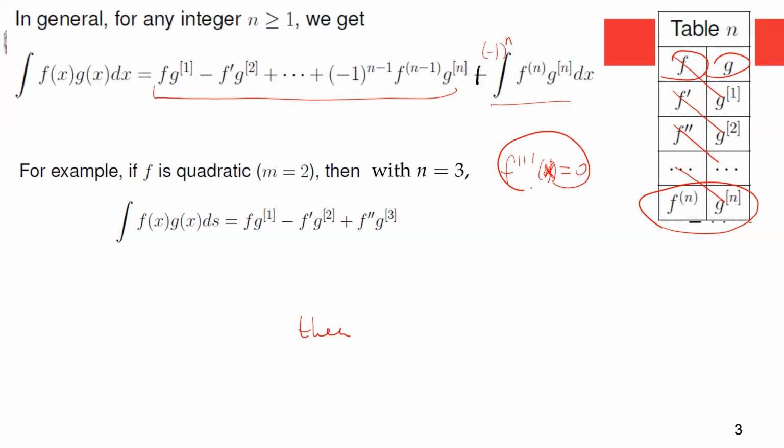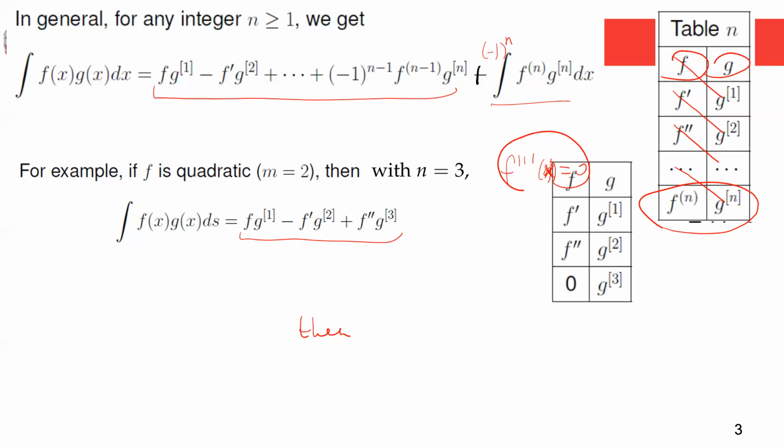So that means there's no more integral on the right hand side if we apply it with n equal to 3, which means we are going to get an answer for this integral as a combination of 3 terms. Those 3 terms can be obtained by first creating this table, and notice that the third derivative should be here, which is 0.